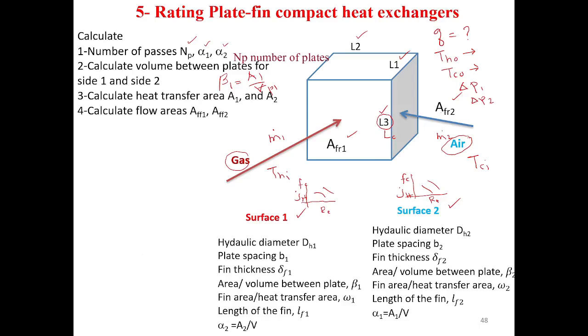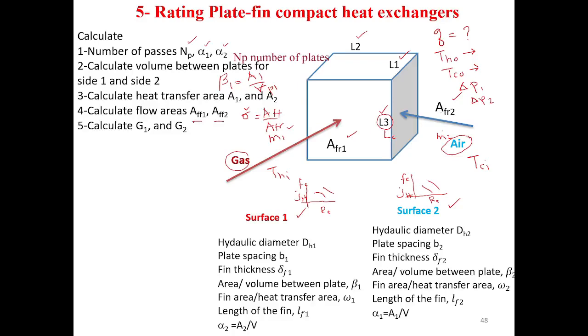Number 4, you can find the frontal area for 1 and for 2. Use sigma. Sigma is the minimum free flow area divided by the frontal area. Since sigma 1 or sigma 2 is known, and the frontal area is known for side 1 and side 2, you can find the free flow area, or sometimes we call it the minimum flow area, for side 1 and side 2.